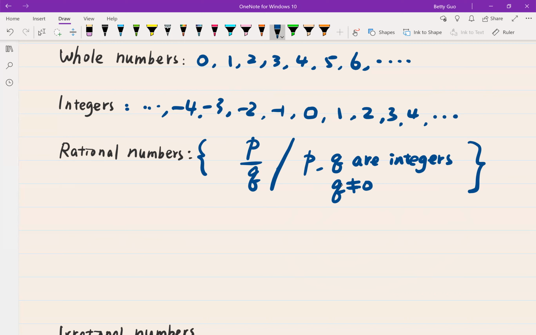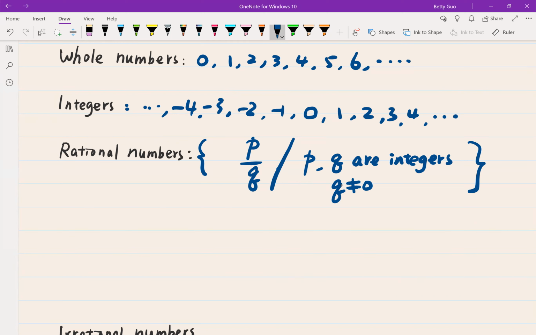We have the rational number set. Let me repeat the definition: a rational number is a number which can be written as a quotient of two integers. Of course, the denominator integer has to be non-zero.